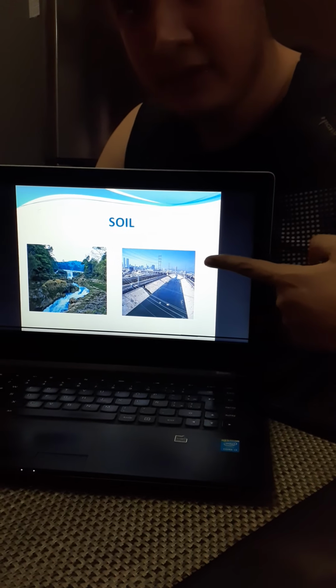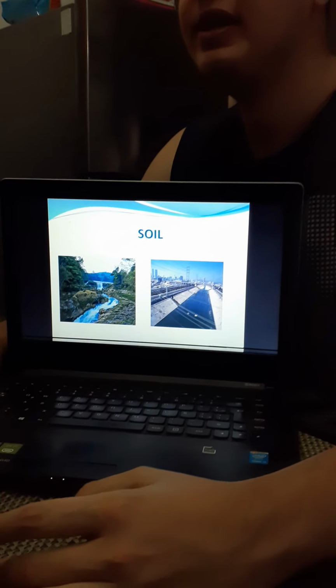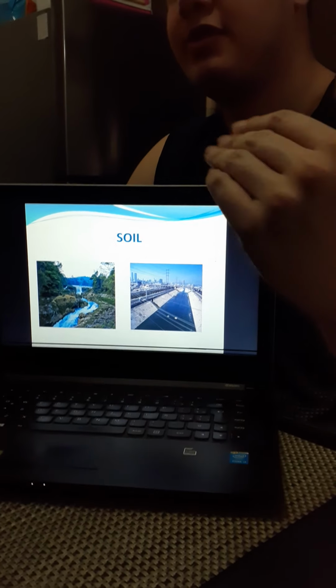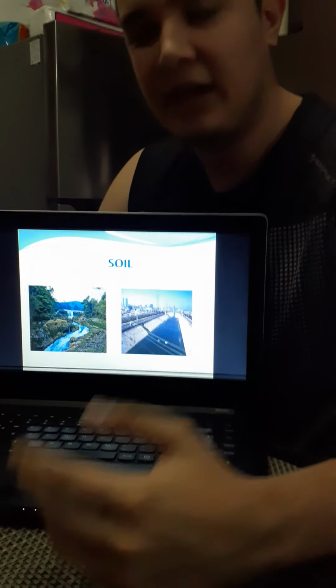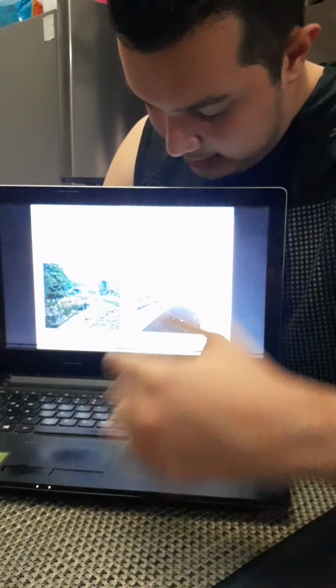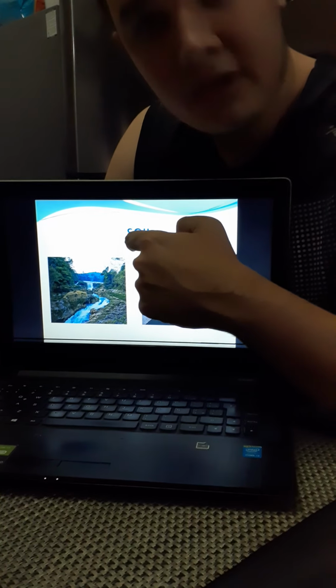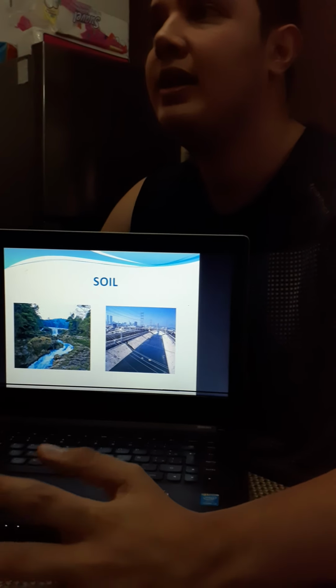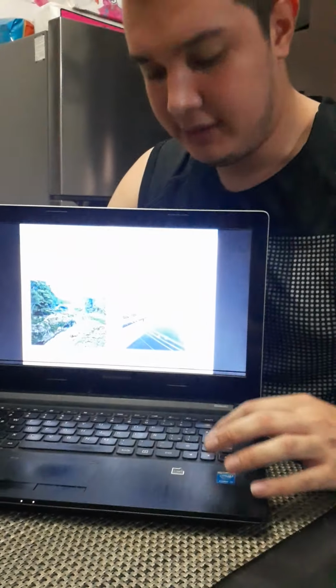The first one, urban basin, considers the water which accumulates on the soil of the cities, with concrete, pavement, and different materials. And the other, the agricultural basin, considers a natural surface, natural lands, natural territory, to analyze this type of basin.